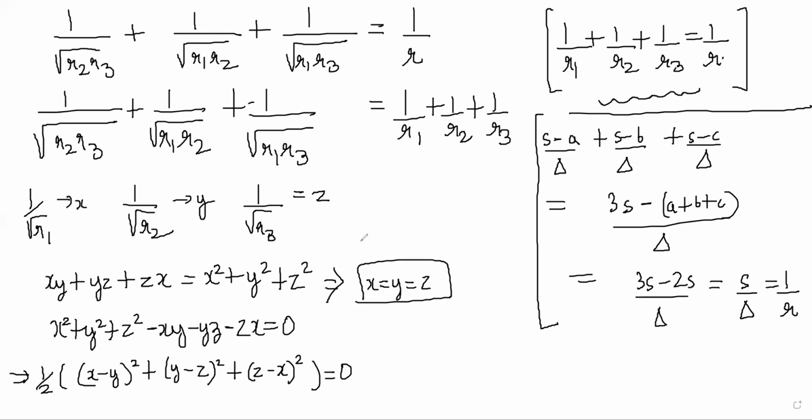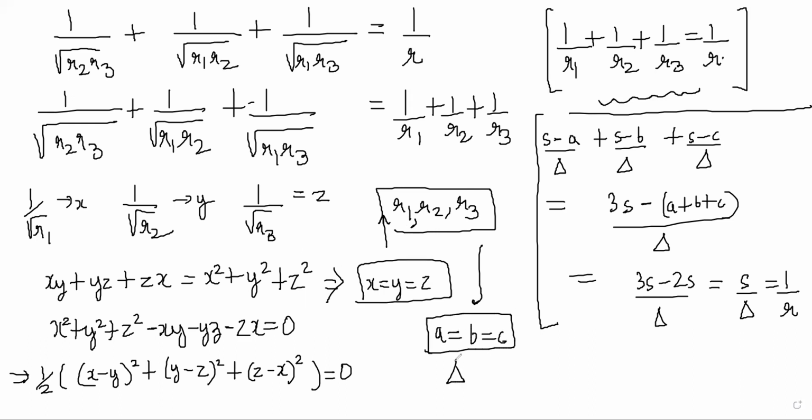So once you get that, you know suddenly that r1, r2, r3 are all equal because x was 1 by root r1 and y was 1 by root r2 and z was 1 by root r3. So if r1, r2, r3 are equal, then that definitely means that a, b, c are equal. So the triangle becomes equilateral.